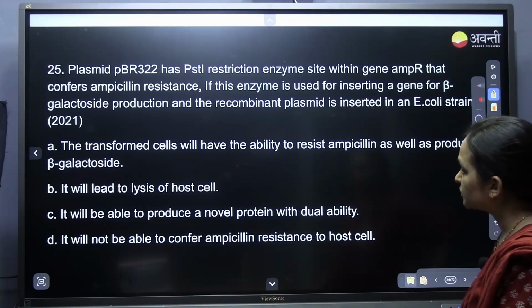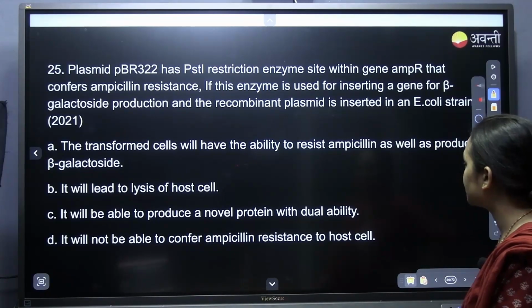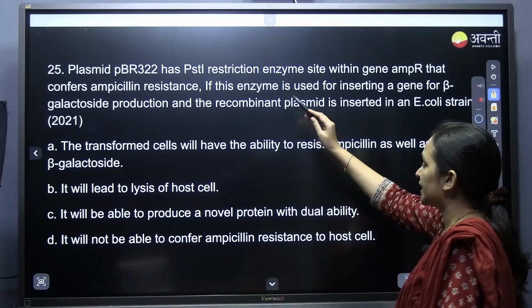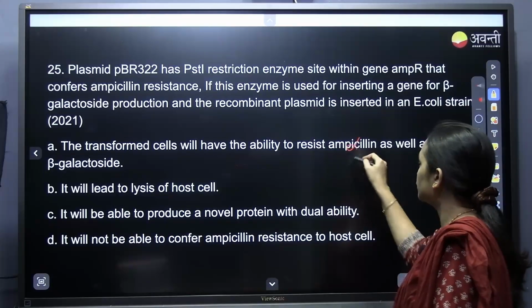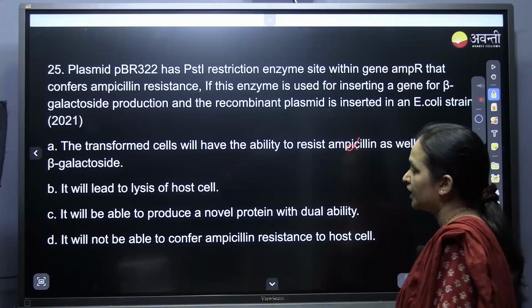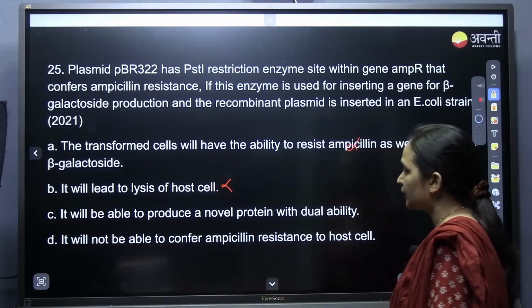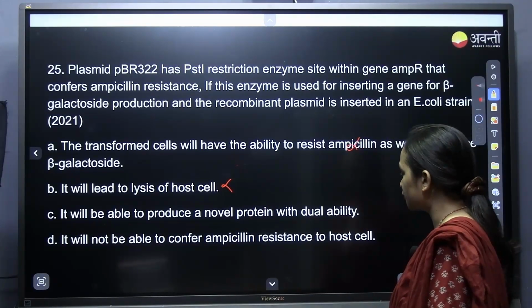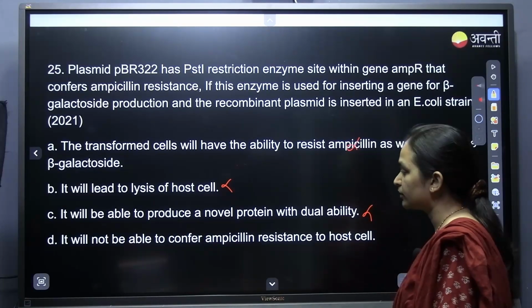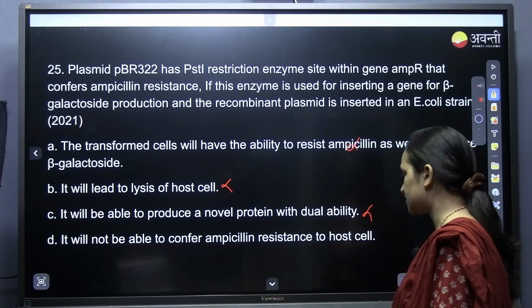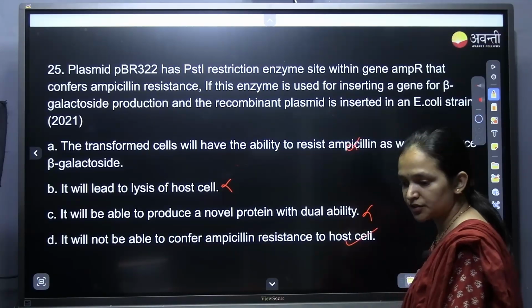The transformed cell will have the ability to resist ampicillin? No. If this particular recognition site is inside the ampicillin resistance gene, it will lose the ampicillin resistance. It will lead to lysis of the host cell? No. It will be able to produce the novel protein with dual ability? Doesn't explain anything. It will not be able to confer ampicillin resistance to the host cell. Yes. Understood?